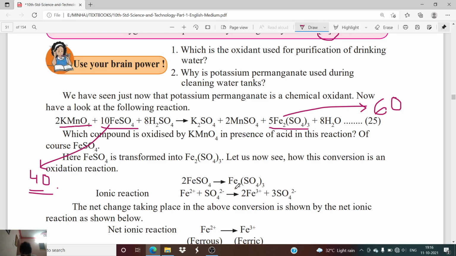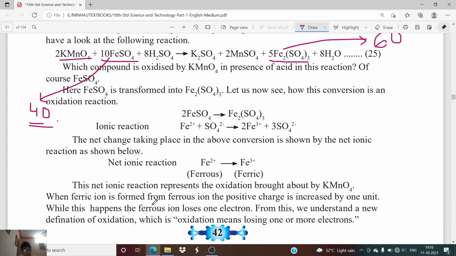If I want to represent this reaction in the form of an ionic reaction, we are going to see Fe2+ and SO4 2-. It is oxidized in such a way that we get a 3+ sign over Fe, and 3 molecules of SO4 2- are generated. The net change taking place in the above conversion is shown by the net ionic reaction as shown below. So what is the net change?